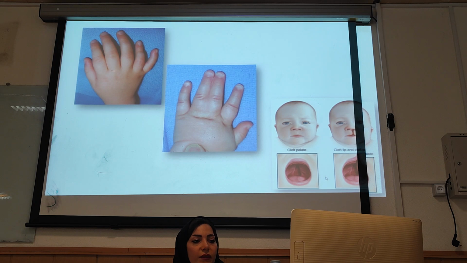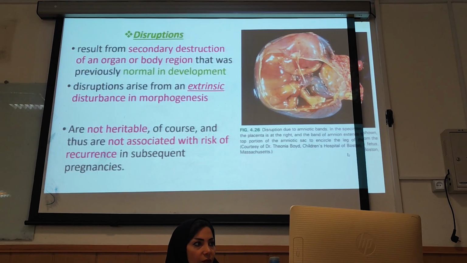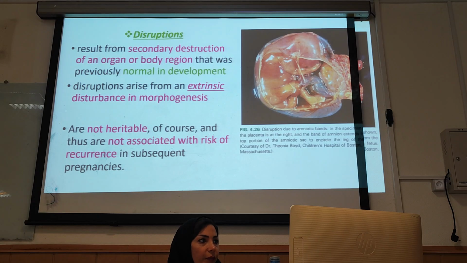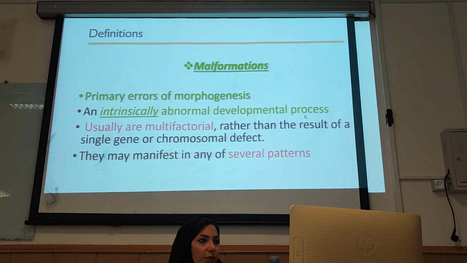The formation of the palate is not sufficient, and so it may be present in the face as cleft lip. Okay? All of them are congenital malformations, a primary error of morphogenesis.